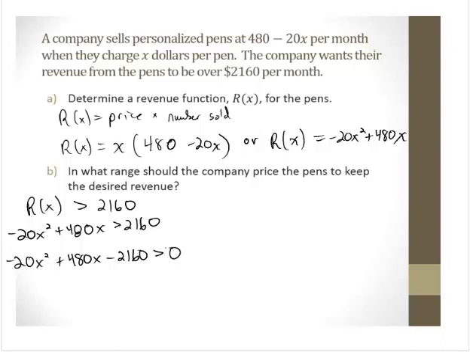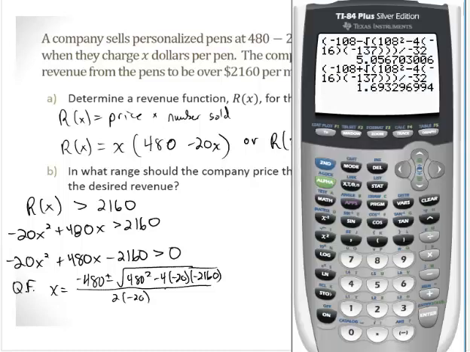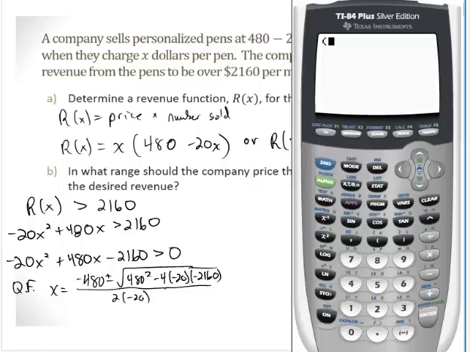Let's see, I'm going to apply the quadratic formula, thinking again of the equals 0. Quadratic formula. So then x would equal negative 480 plus or minus the square root of 480 squared minus 4 by negative 20 by negative 2,160 over 2 times negative 20. Again, I'm going to use a calculator here. Negative 480, let's start over.